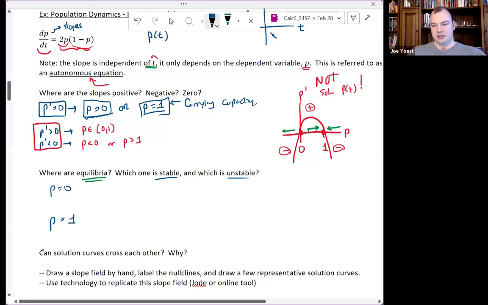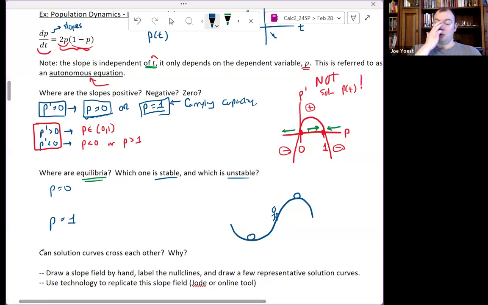As an analogy, imagine that we have a valley and a hill, and here's somebody playing soccer, kicking a ball through the valley and over the hill. Imagine I have a soccer ball at the peak of the hill and a different soccer ball at the bottom of the valley.